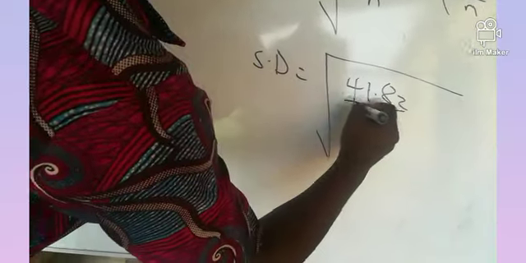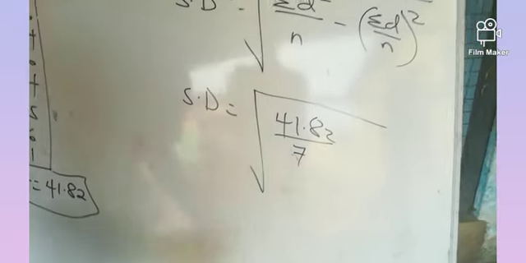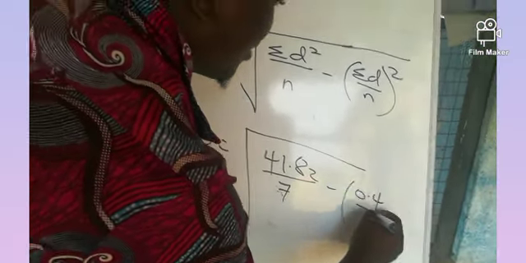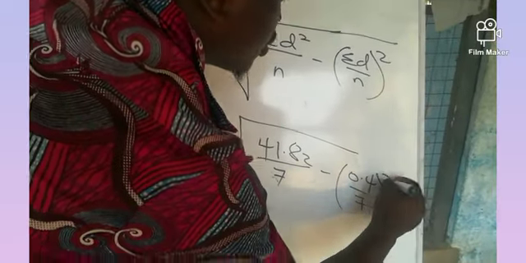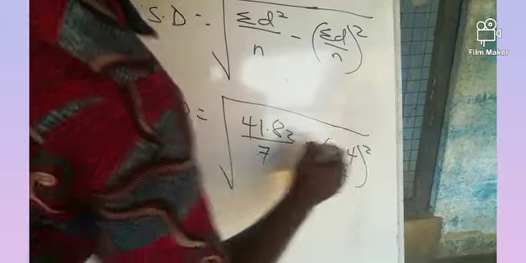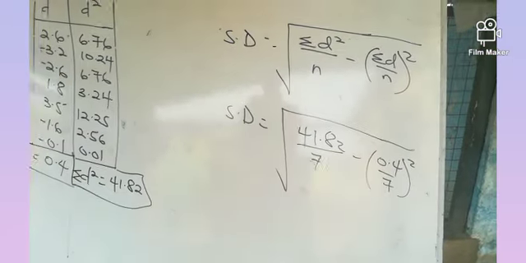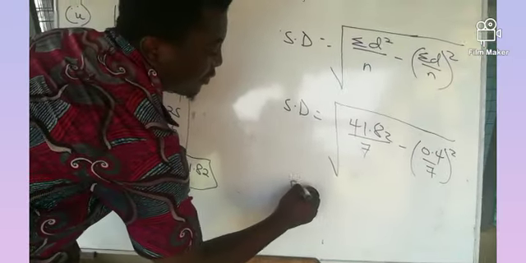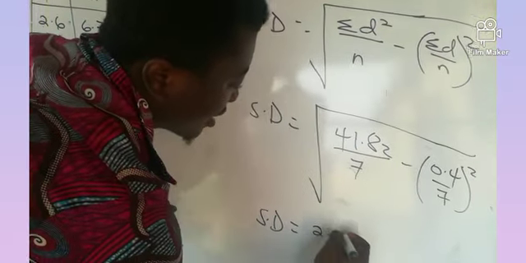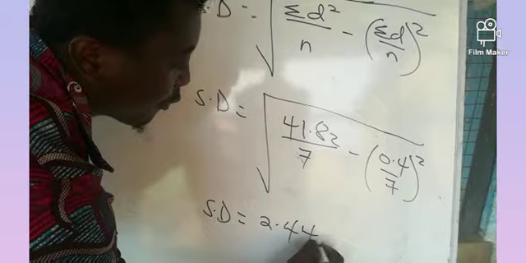So from here, one can substitute the answers as 41.82 divided by 7 minus 0.4 divided by 7 all squared, in square root. Therefore, the standard deviation is going to be 2.44.